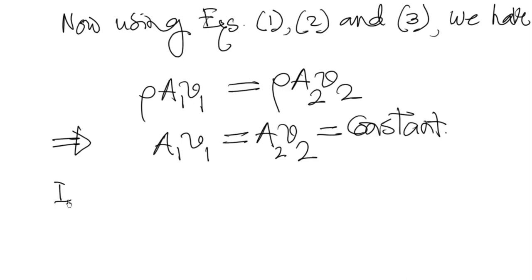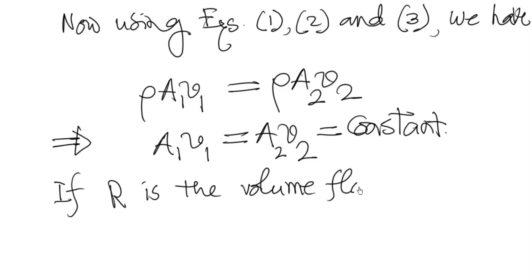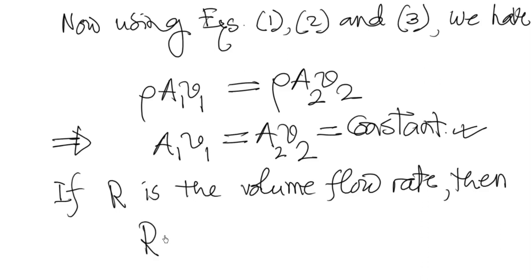If capital R is the volume flow rate, then this equation can be written as R equal to A into v, which is constant.